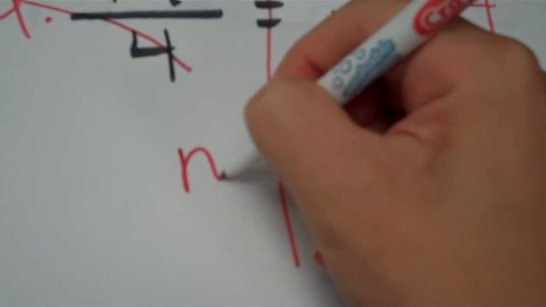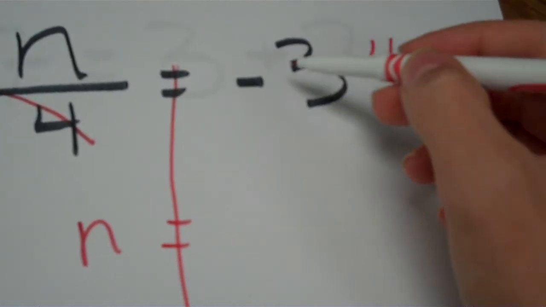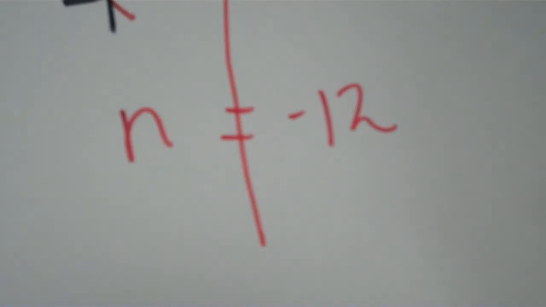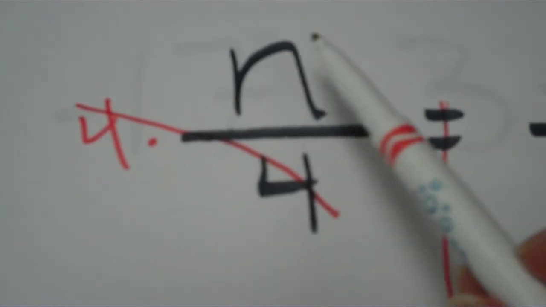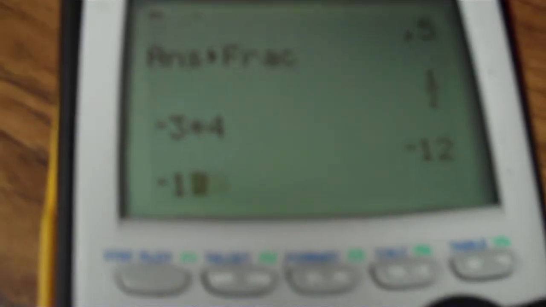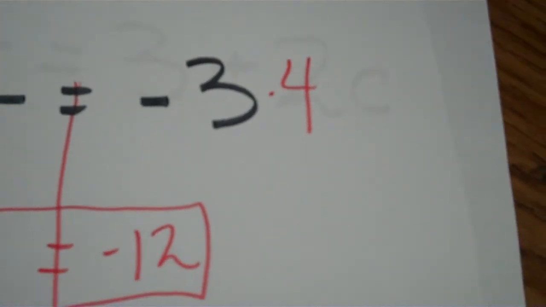The N comes down. And then do negative 3 times 4. Negative 3 times 4 is negative 12. Okay? If you want to check it, do negative 12 divided by 4. And you end up with negative 3, which was our answer. Okay? So there you go. One more and then we're done, guys.